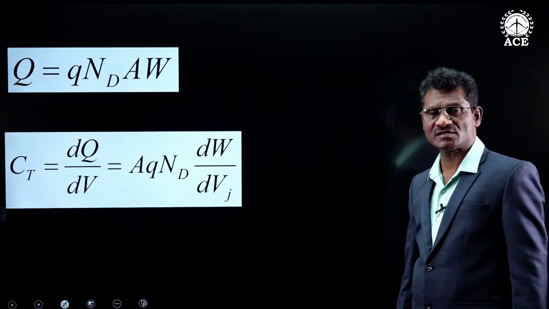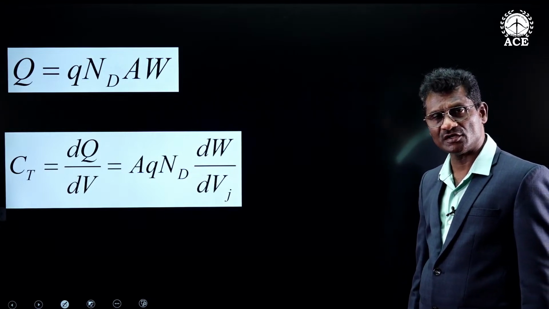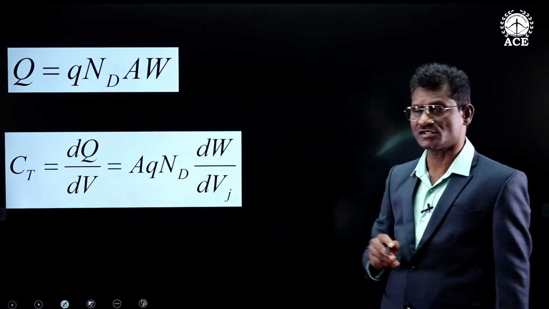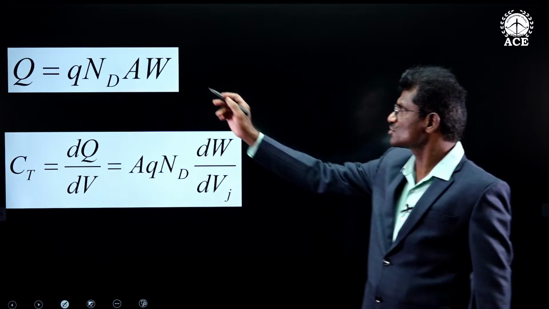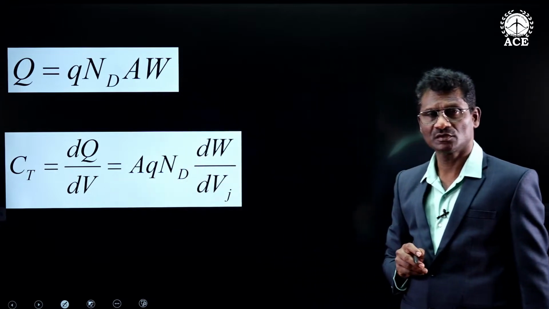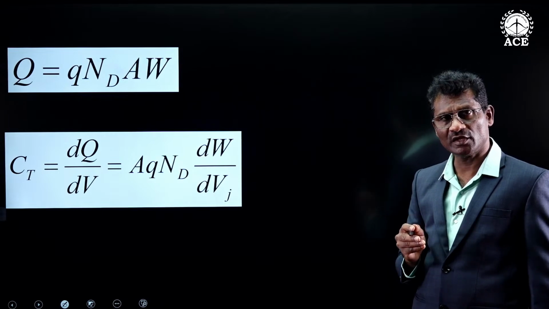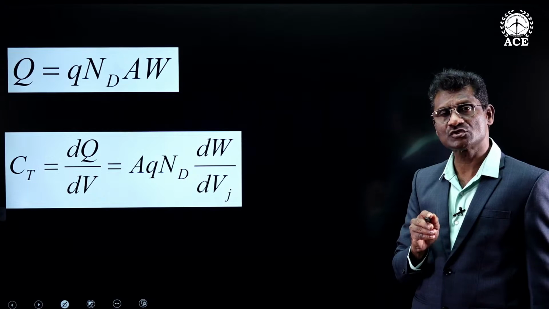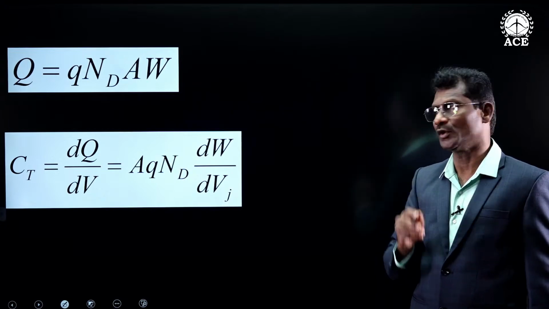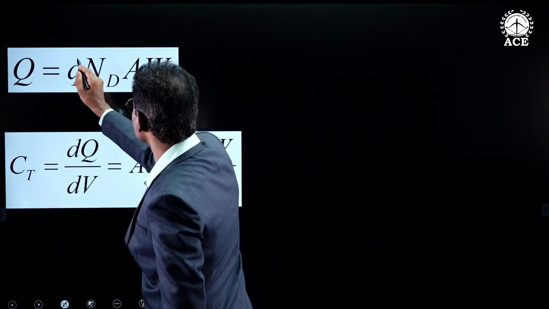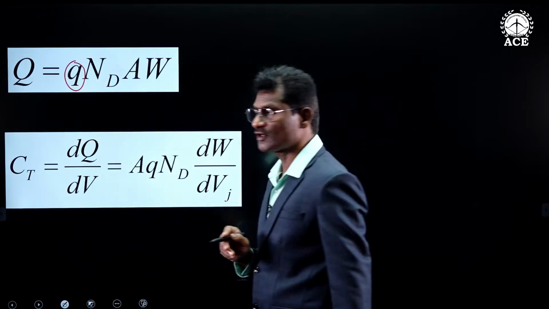Now transition capacitance by definition is dq by dV. Looking at this equation, which is to be differentiated with respect to voltage, let us see which terms are varying or not varying with respect to reverse voltage. Q is charge. It will not vary with reverse voltage.